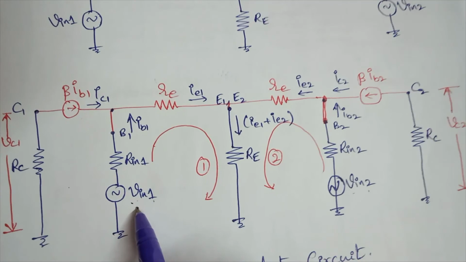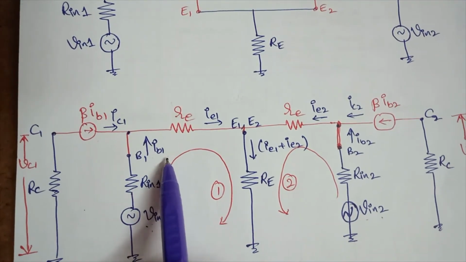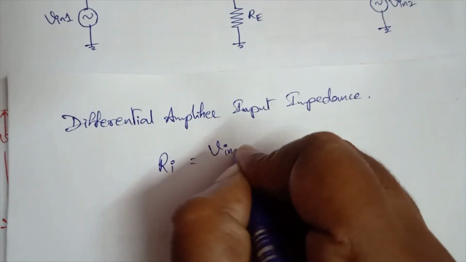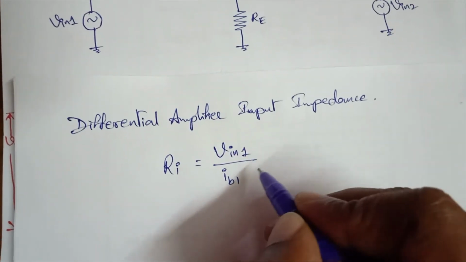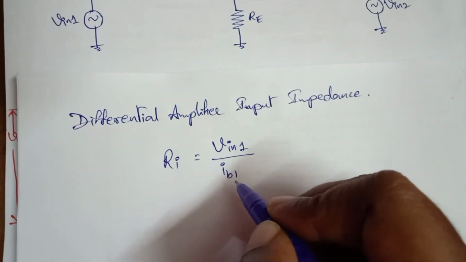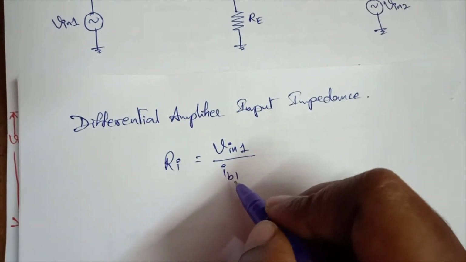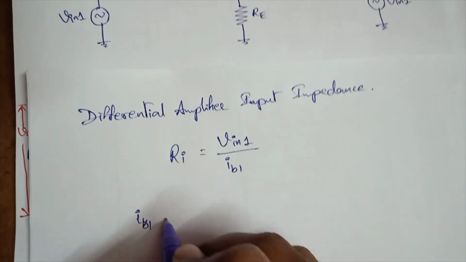So what is RI now? Input voltage divided by the input current. What is input current? IB1. So RI is nothing but input voltage V in 1 divided by input current IB1. But we don't have the equation for IB1. We have the equation in terms of IEs only. Therefore first write the IB1 in terms of IE.